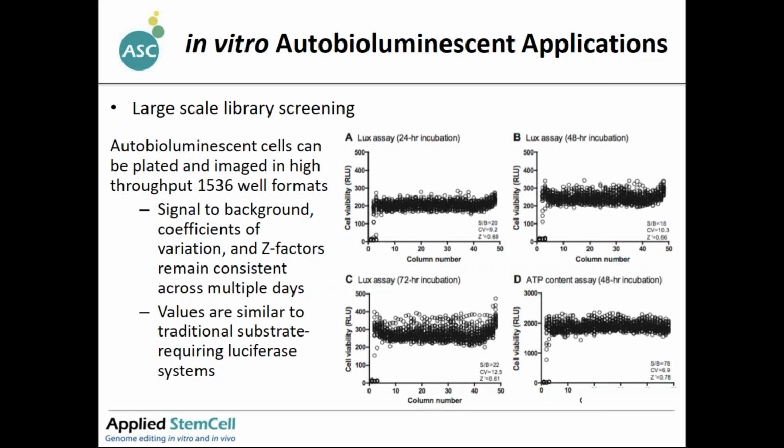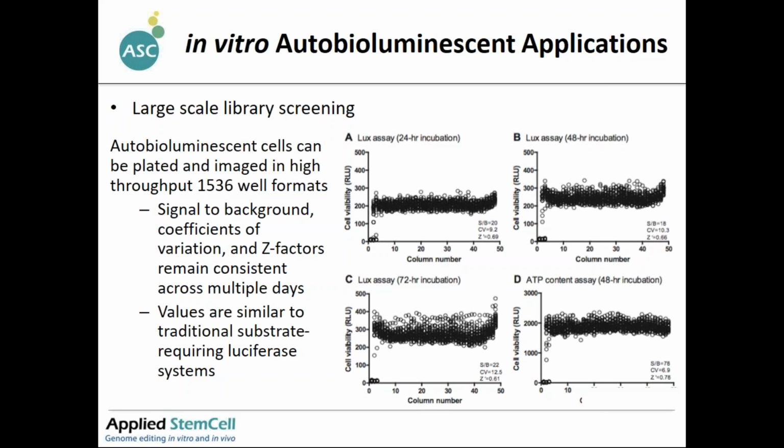But if you use autobioluminescent cells, you can look at the cells continuously or repetitively at any time points of interest. Graphs A, B, and C here are actually produced from one single plate, looked at at different time points. If you used one plate for a traditional ATP content-based assay, you would only have one time point of data.